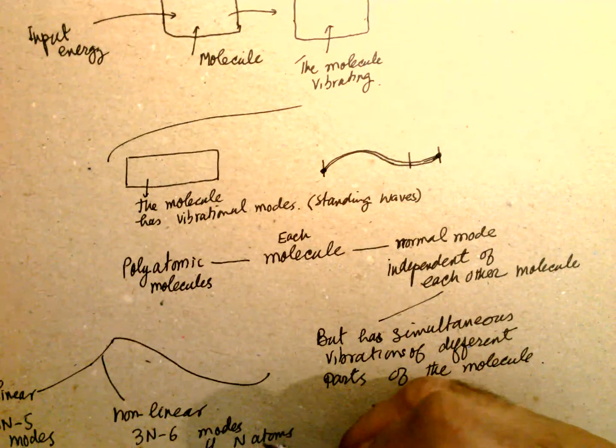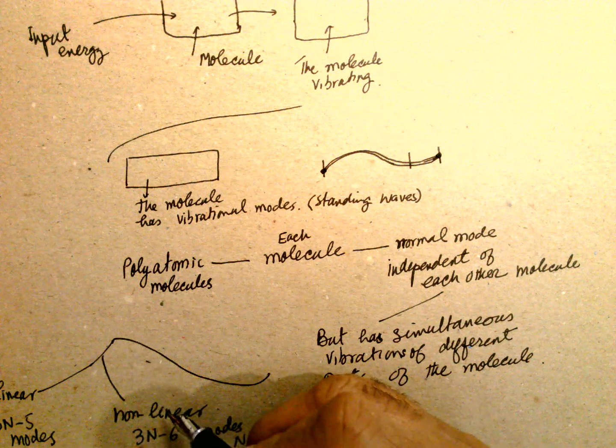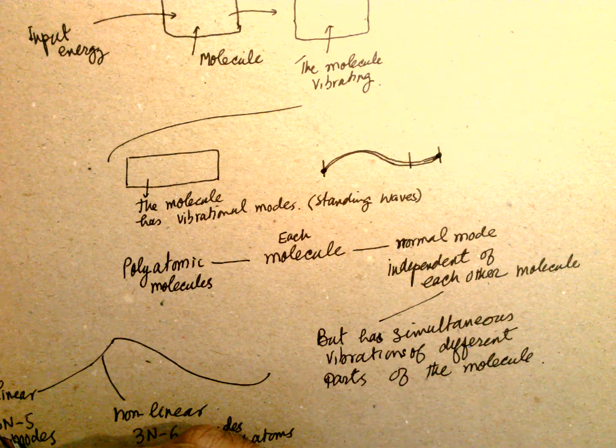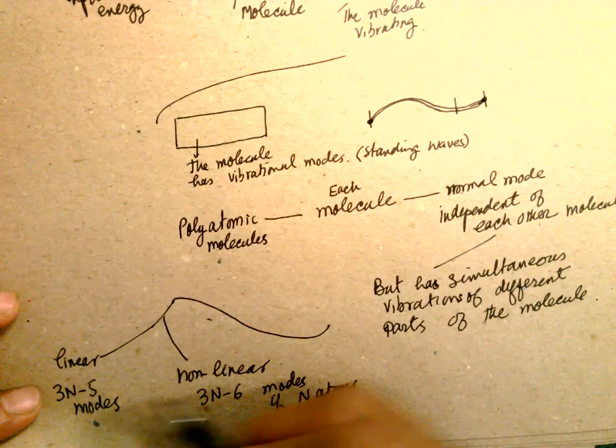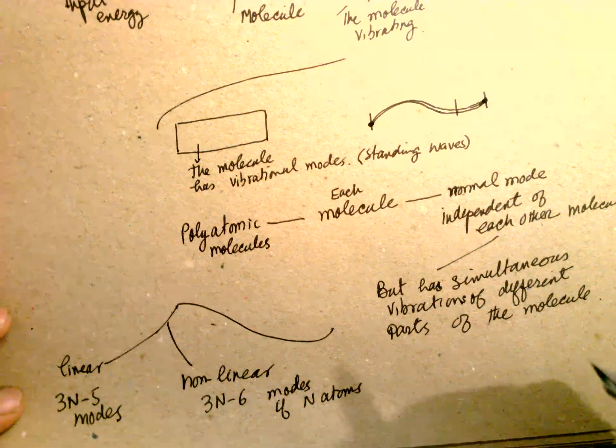If there are n atoms in the molecule, there will be 3n minus 5 modes for a linear molecule, and 3n minus 6 modes for a non-linear molecule.